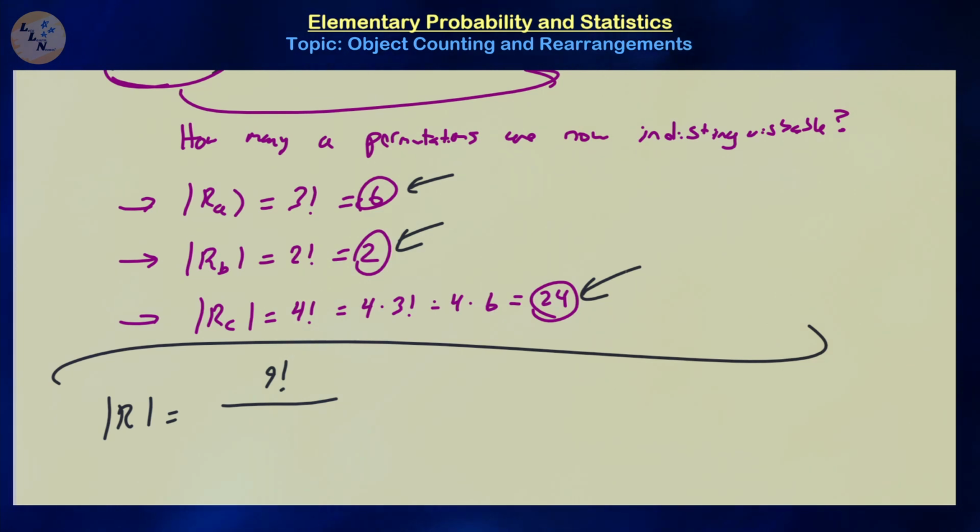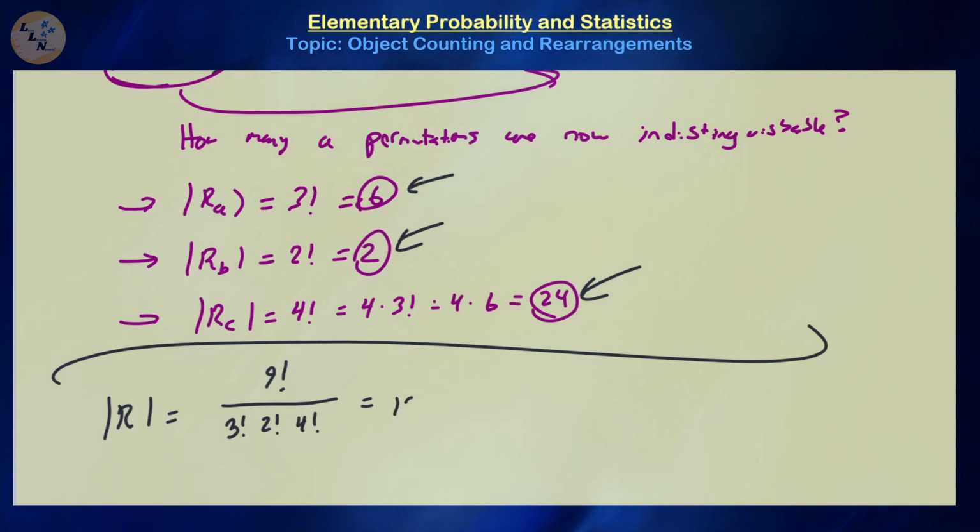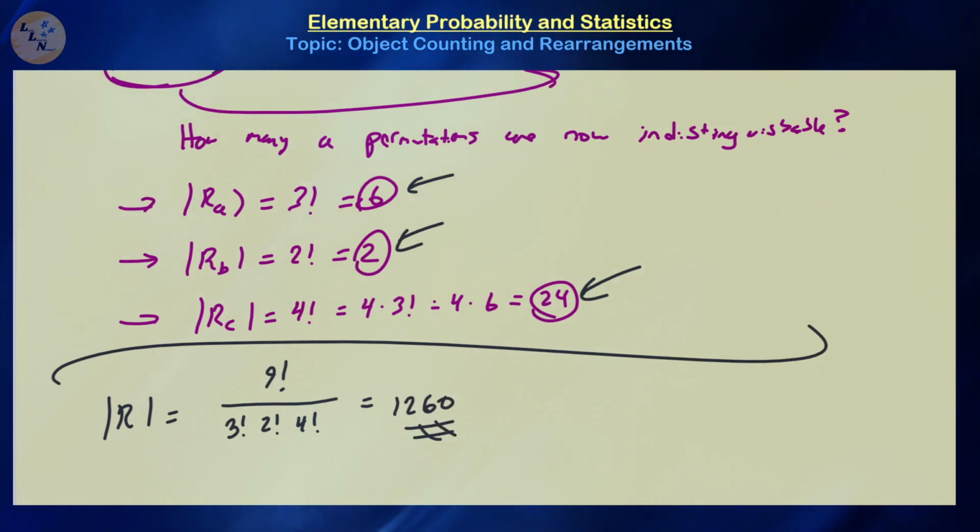Since the fundamental counting principle is counting everything multiplicatively, we need to divide if we want to take away the repetitions that we no longer want to count. So this is going to be equal to 9 factorial divided by 3 factorial times 2 factorial times 4 factorial. And once you work out all that math, we actually only have 1,260 rearrangements that we're actually going to be able to see the difference between.